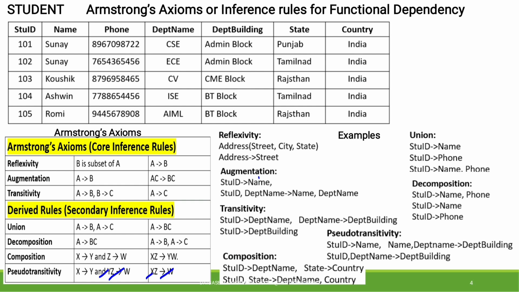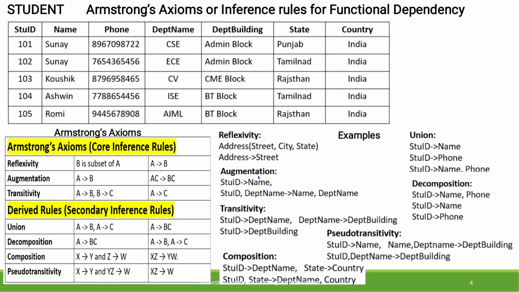So as applied to student table here, student ID determines name. Then student name and department name both together determine department building. Now since student ID determines name, name is replaced by student ID. So the third FD we have is student ID and department name determine department building.